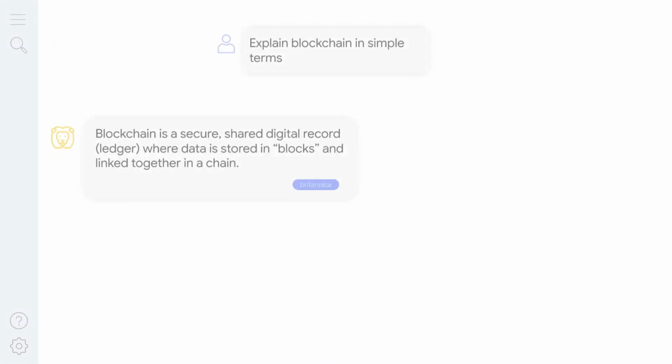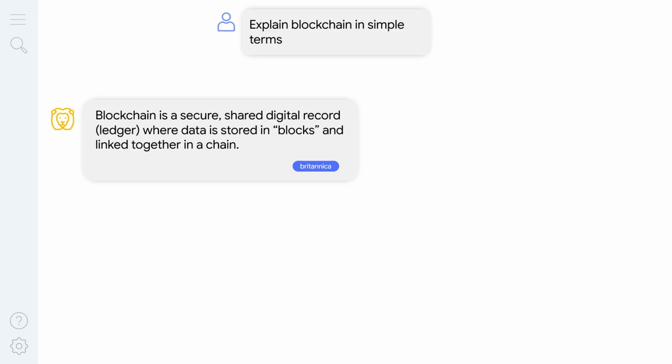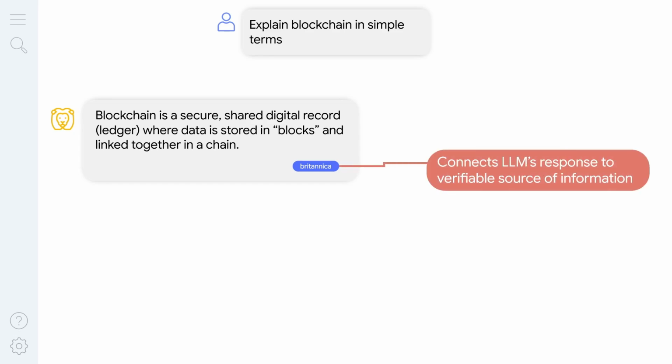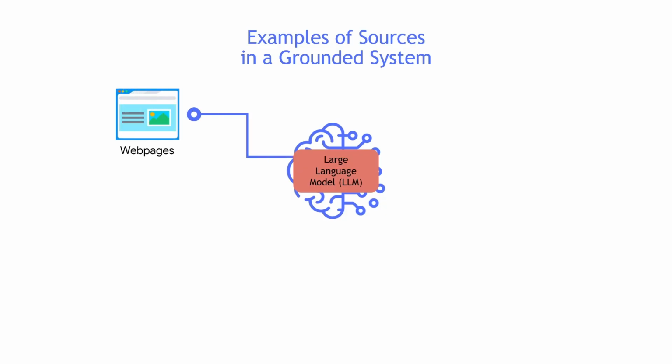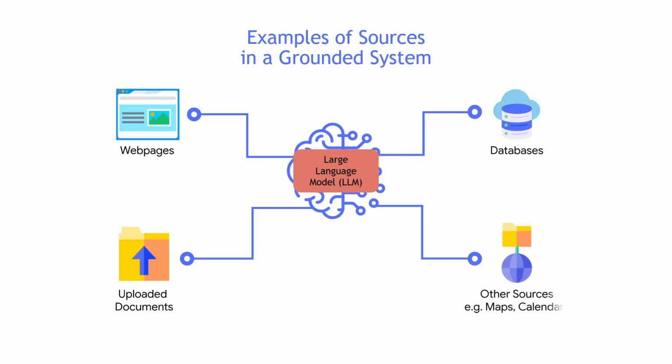Let's begin with the concept of grounding. Grounding means connecting an LLM's response to a source of information that can be checked. Instead of relying only on patterns learned during training, a grounded system can consult sources such as web pages, uploaded documents, databases, maps, or calendars before generating its response.